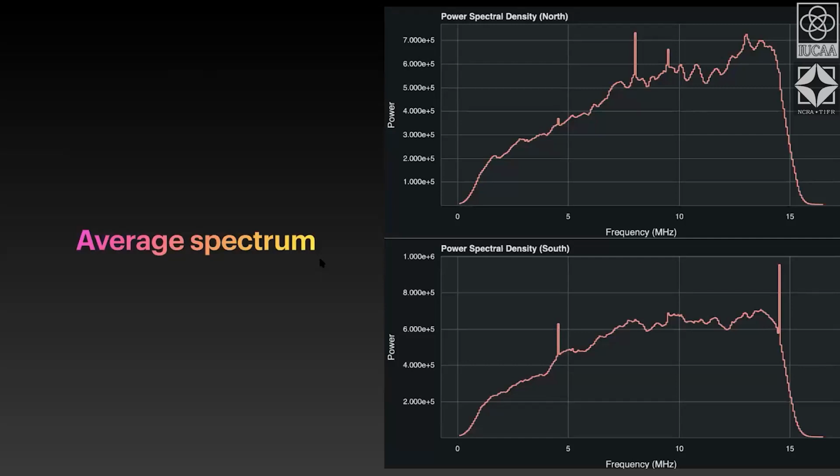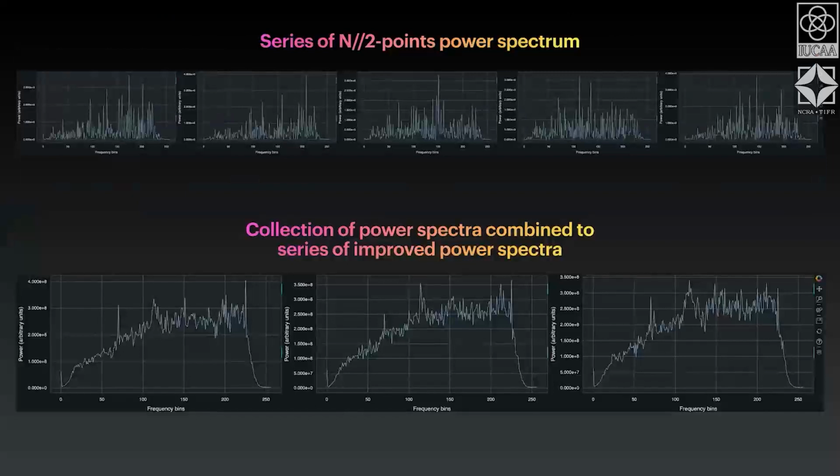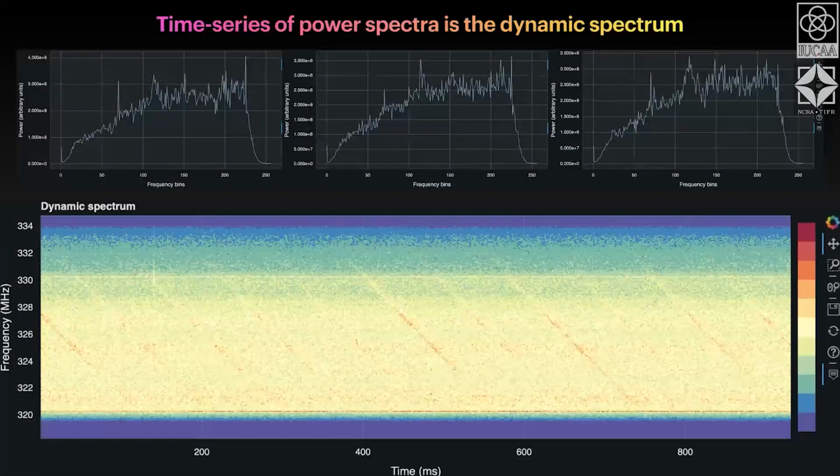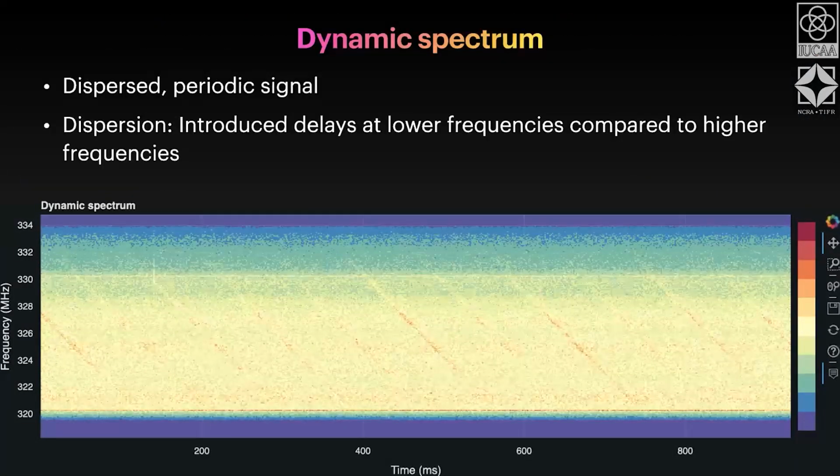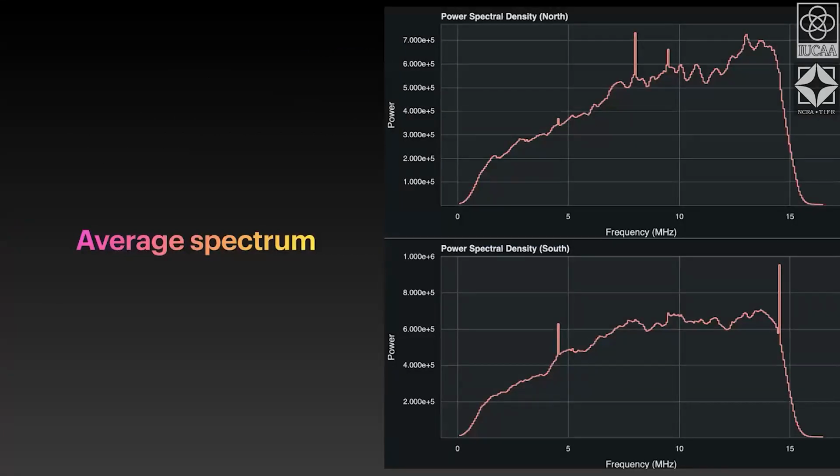In principle, you can do this average spectrum, which is essentially these power spectra that we got in series, all averaged together for the entire data. And then you can do the dynamic spectrum, see if it's flipped or not, and then go back, flip it, and plot it the right way.